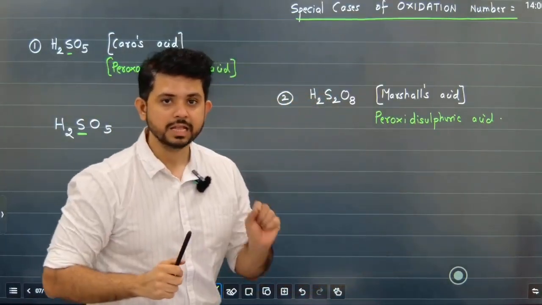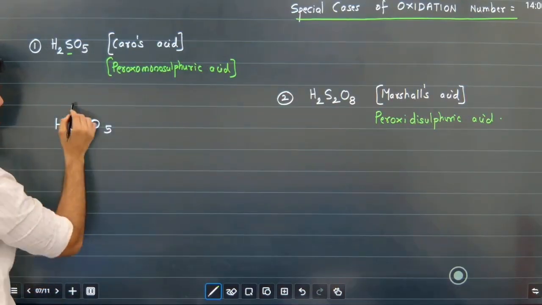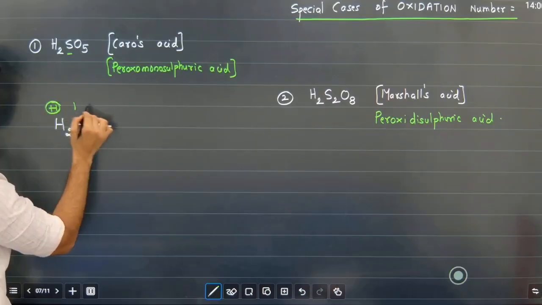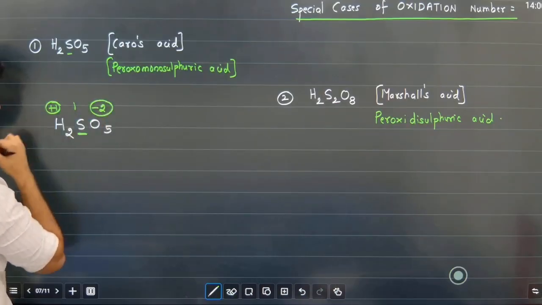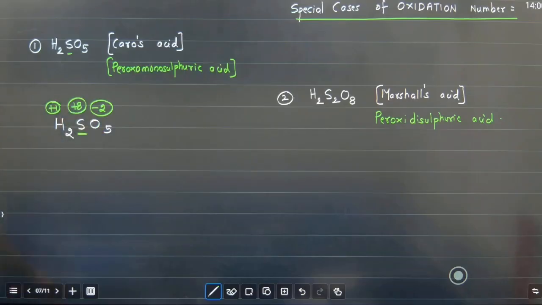Now if I try to find the oxidation number on sulfur using the normal standard method जो हमने अभी तक पढ़ा है, the oxidation number on sulfur here will come as, so we know hydrogen is +1, oxygen is -2, so +8.